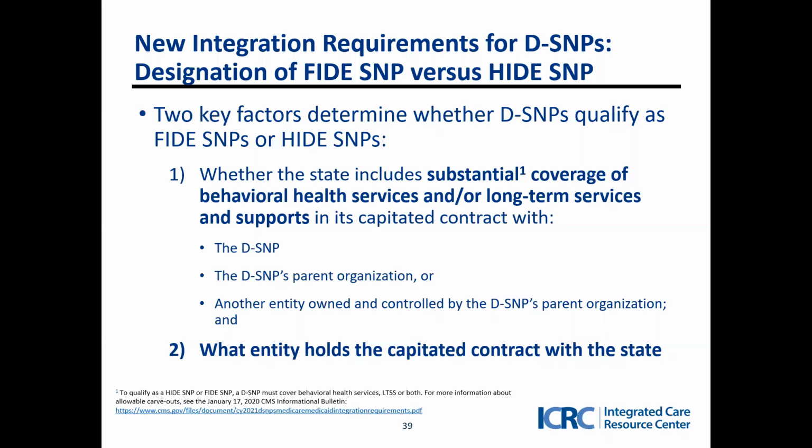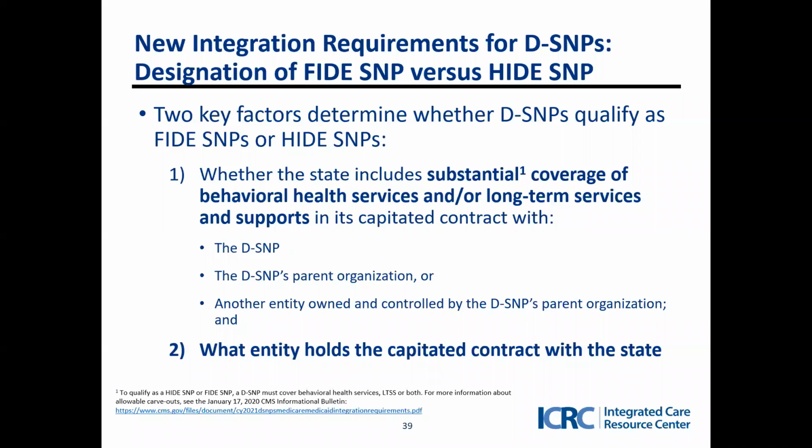And the second factor is that it will also depend on what entity holds the capitated contract with the state. It's also important to note here that it's the state that decides which standards for carve-outs they would like plans to meet, and from there, the plans will seek designation from CMS through their SMAC.